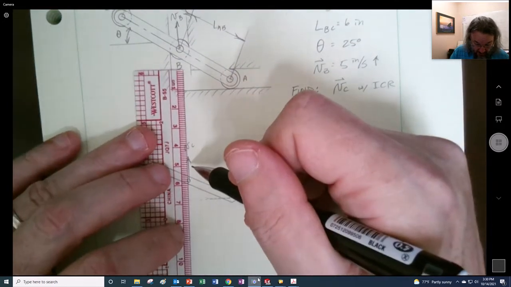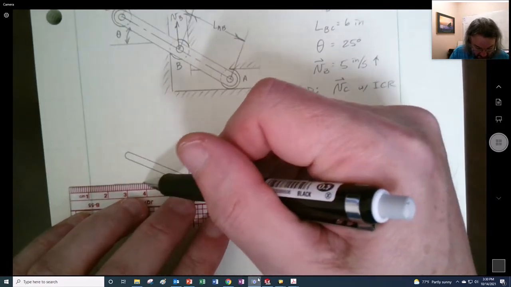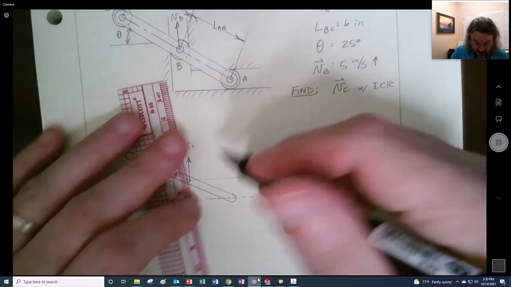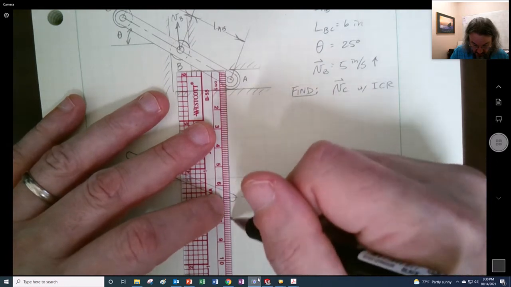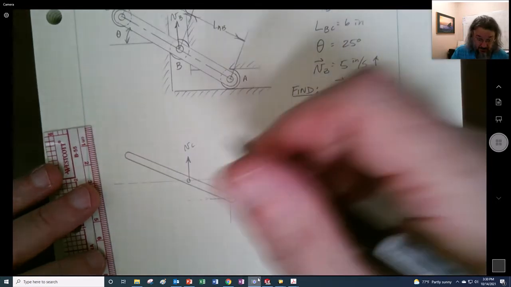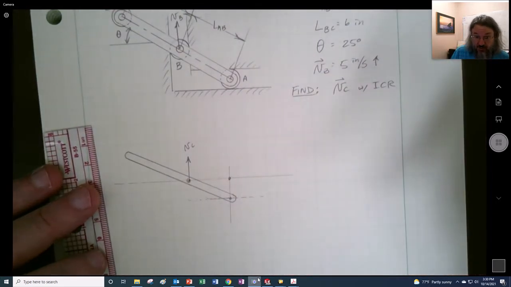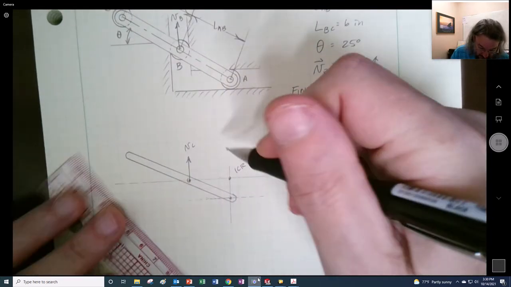This one will have a line of action that goes horizontally, and this one is going to have a line of action that goes vertically right there. So right here is the ICR. If it was only this, it would be a really easy problem. So this is the ICR right here.